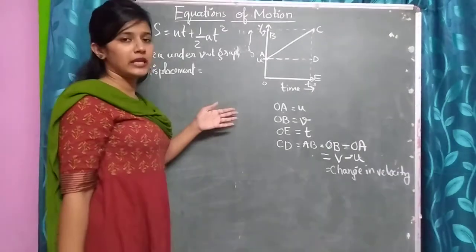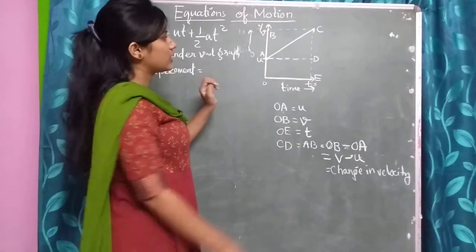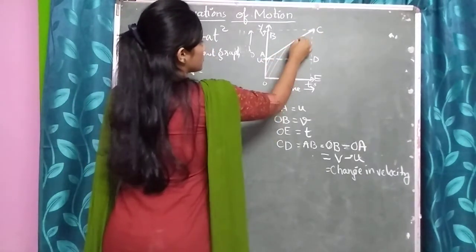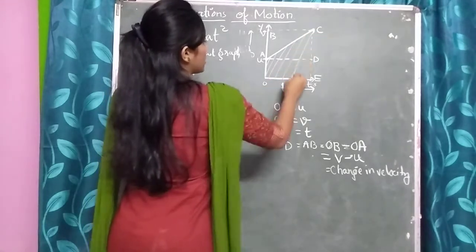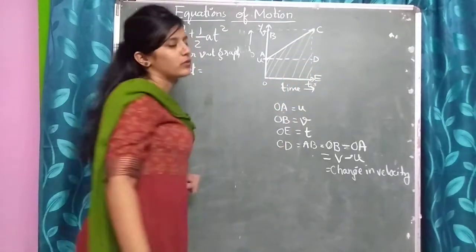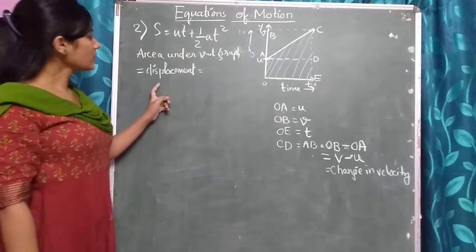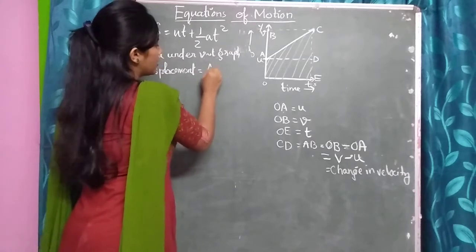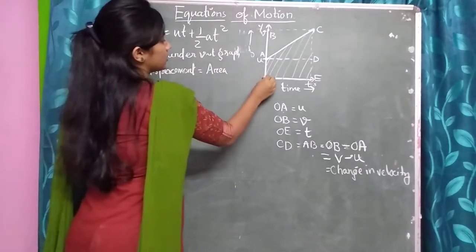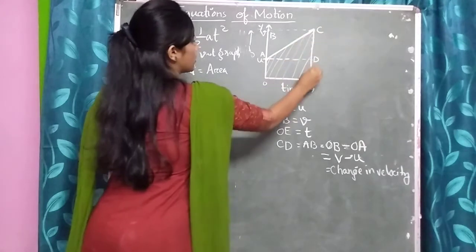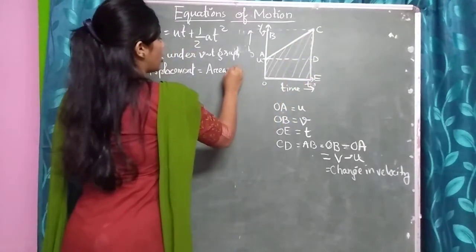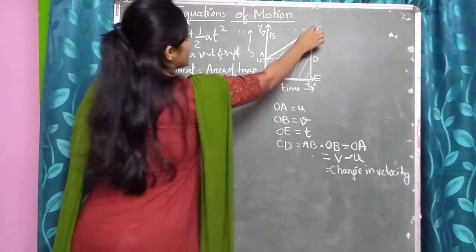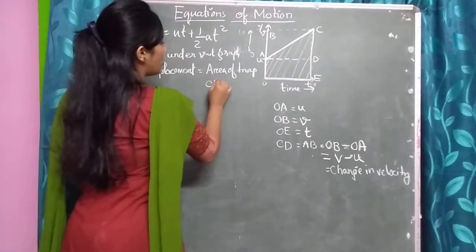So what is the area covered under this graph? This is our graph. So what will be the area? This much area will be covered by this graph. So area under V versus T graph is the area of, see, this is a trapezium, so I will write area of the trapezium OACDE.